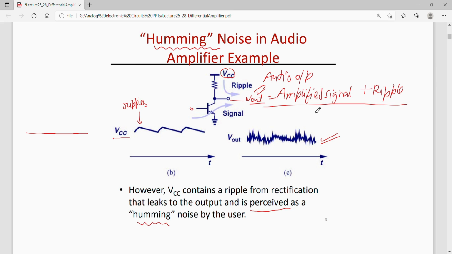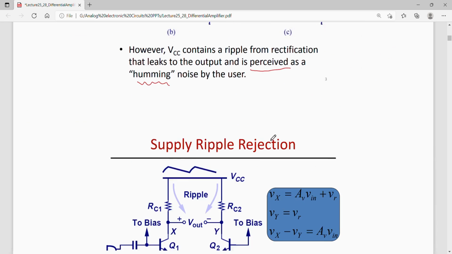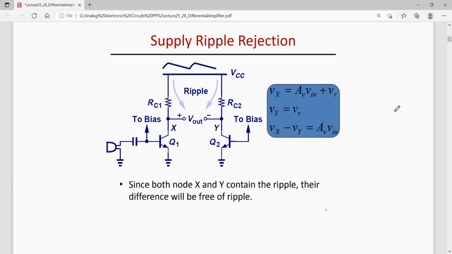Now there are circuits which can reject or remove this ripple, so that my audio is free from humming noise. This supply ripple rejection, or humming noise rejection, is possible by, for example, this circuit.